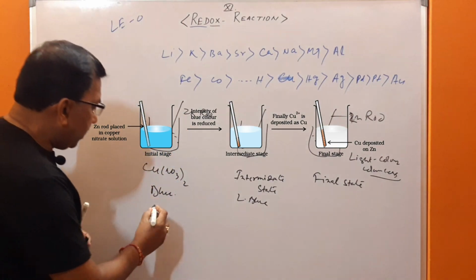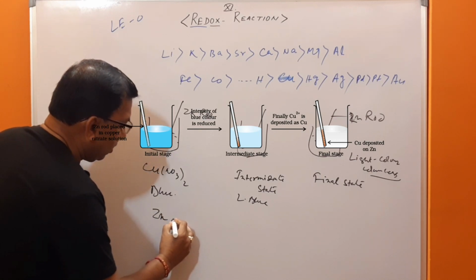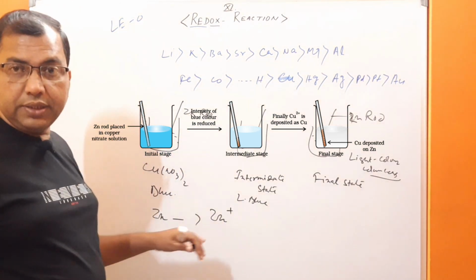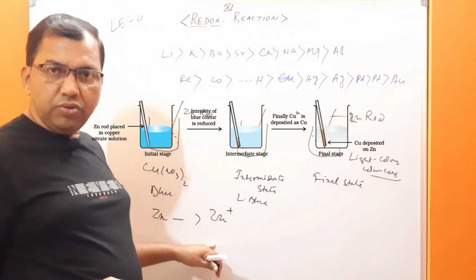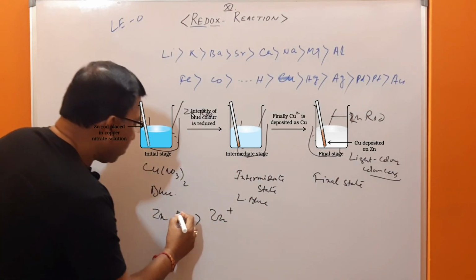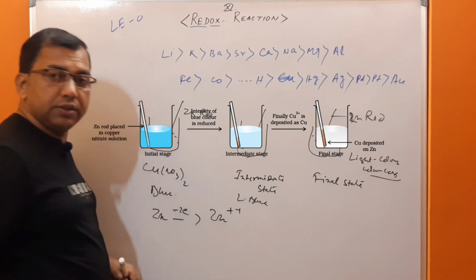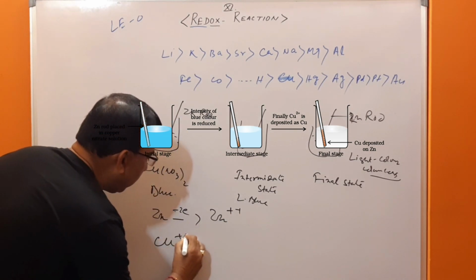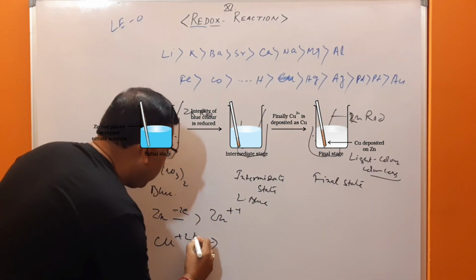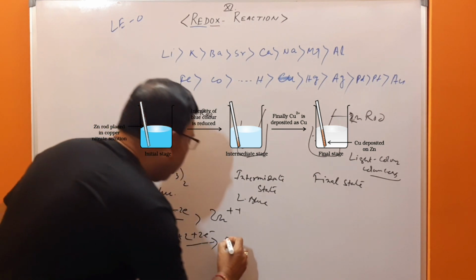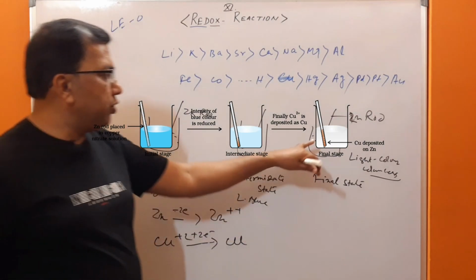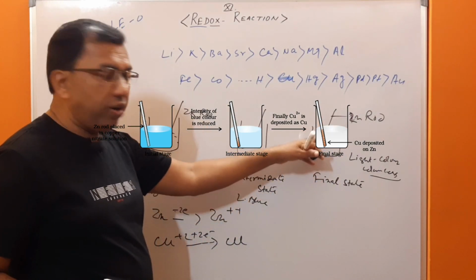Zinc loses 2 electrons and becomes Zn2+, and Cu2+ accepts 2 electrons and becomes copper, and this copper will be deposited on the zinc rod.